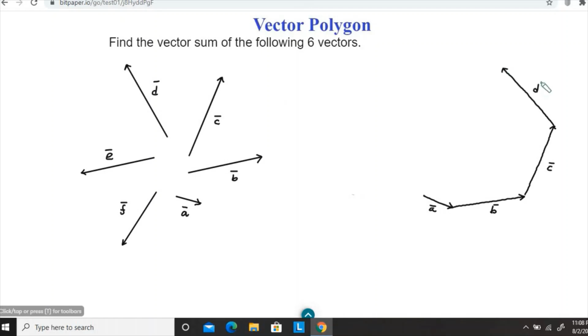So that's vector D. And then we have vector E. Again, you can slide that vector so that you preserve its direction and size. And then finally you have vector F.